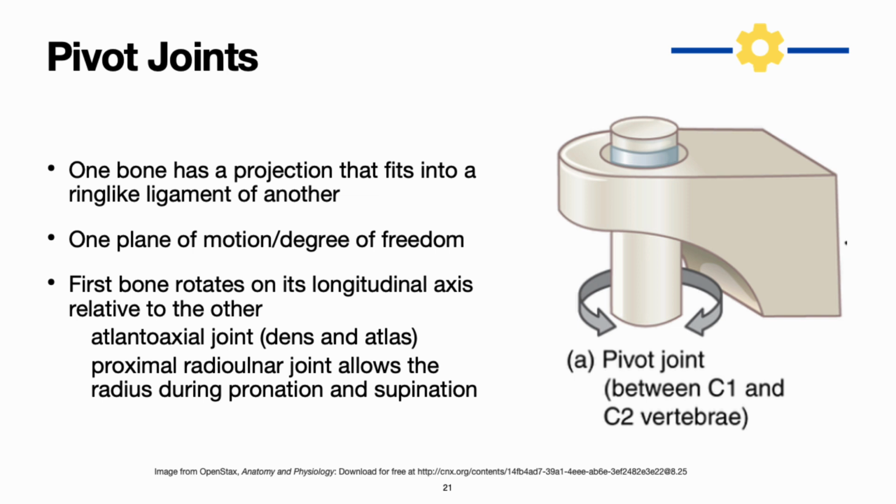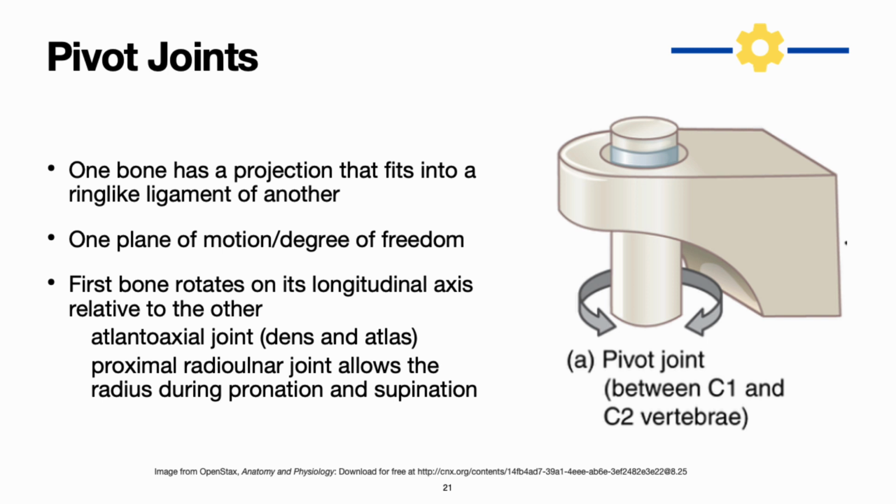Pivot joints also only have one plane of motion. So they have one plane of motion or 1 degree of freedom, and they are structured in a way that allows one bone to pivot or rotate around the other. So one bone has a projection, like an axis, that fits into a ring-like projection or ligament of another.